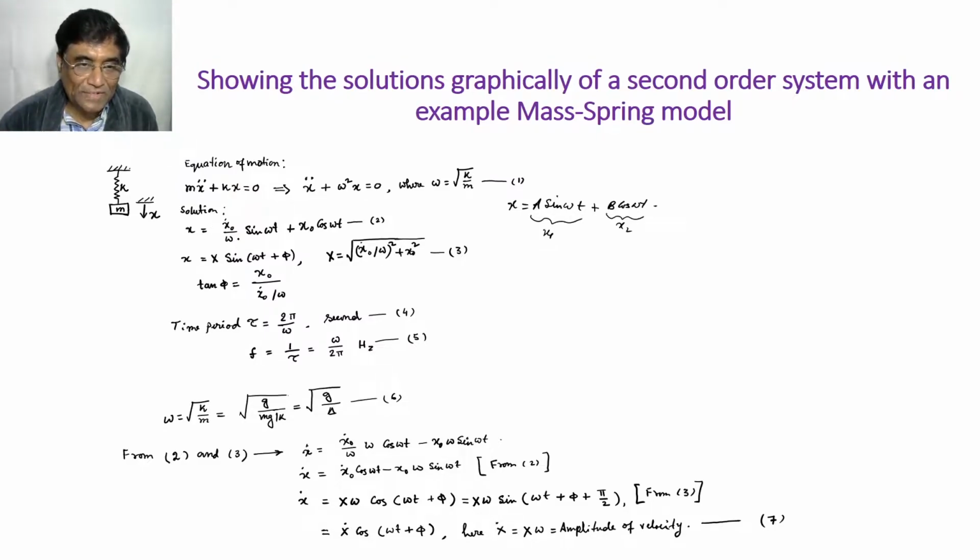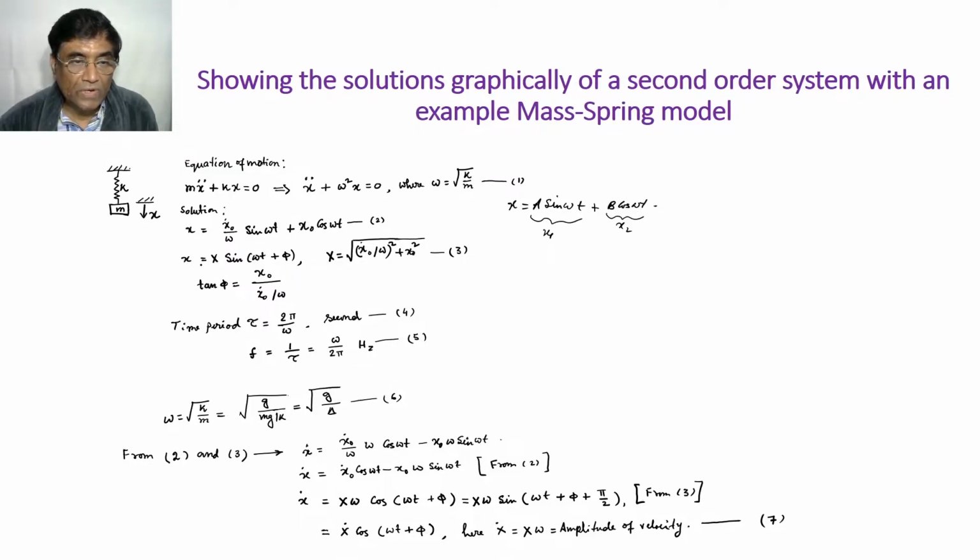So this is the solution, and these were our initial conditions. At t equal to 0, the velocity was x naught dot, and the displacement was x naught.